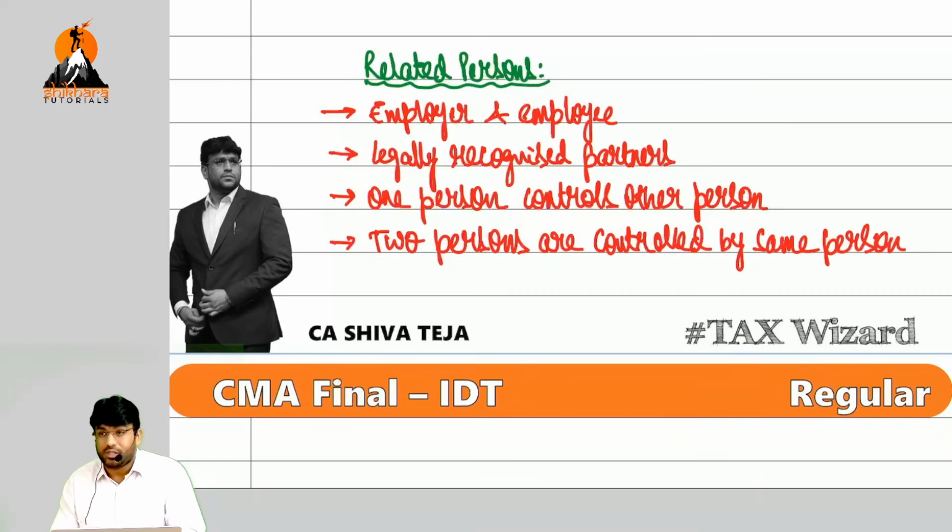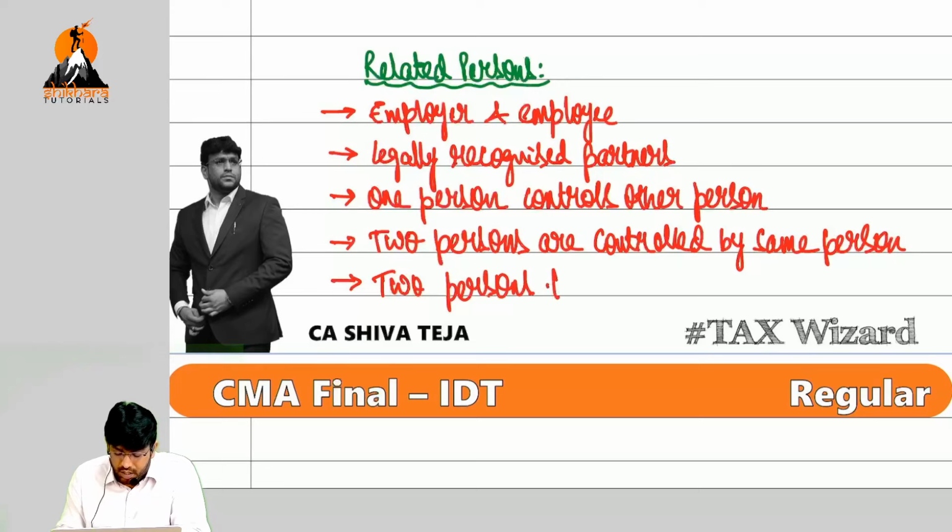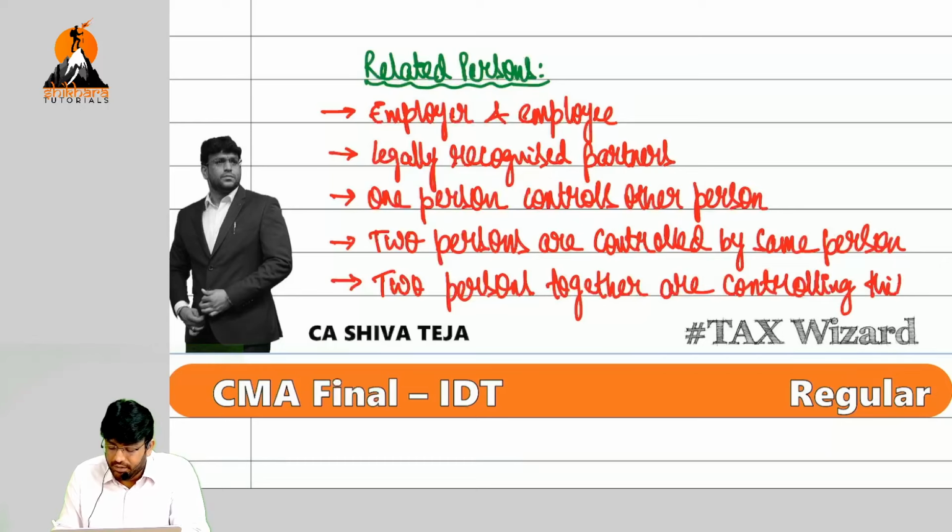One person controls other person. Two persons are controlled by same person. Two persons together are controlling third person.